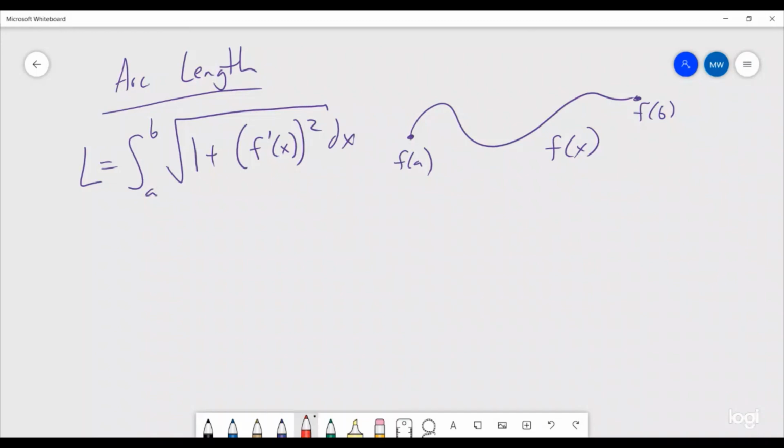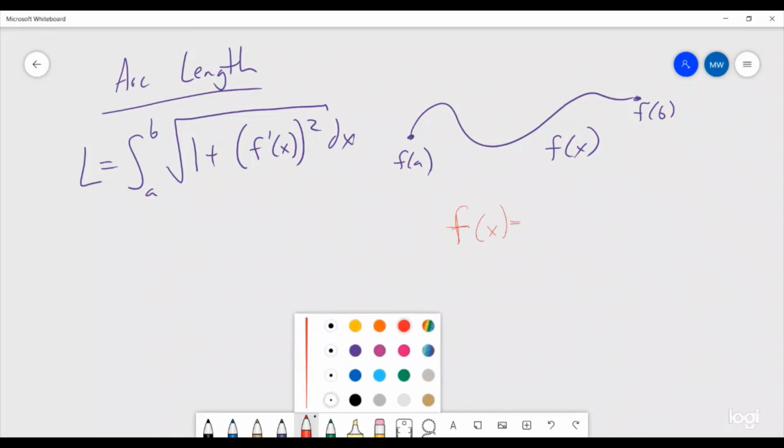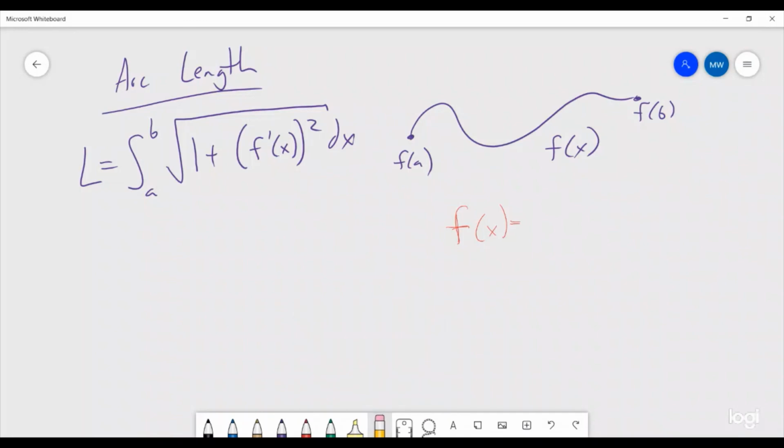So let's say, for example, that we were given an arc length problem. Let me find one that is fairly nice to do. Okay. Let's say that we are trying to find where f of x is equal to x squared over 4 minus 1/2 the natural log of x, from x equals 1 to x equals 2.